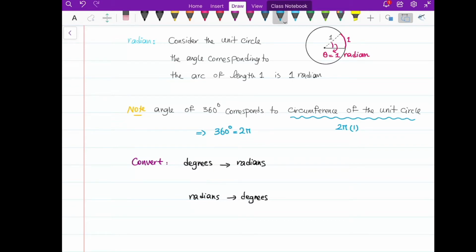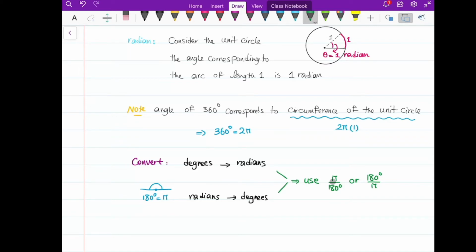It is just something that is cool. We say that 180 degrees is equal to pi. For both cases, we use a fraction, pi over 180 degrees or 180 degrees over pi. So which one should I use in which case? You don't need to memorize that. All you need to memorize is this fraction.